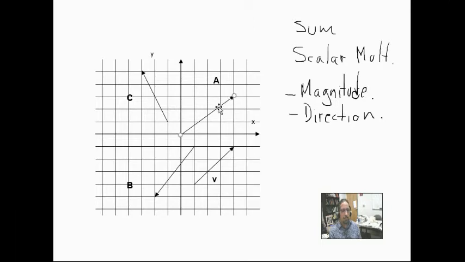So you have, for example, vector A here. I'm going to indicate it here. This is vector A. And let's take vector C that is around here. That's vector C here.